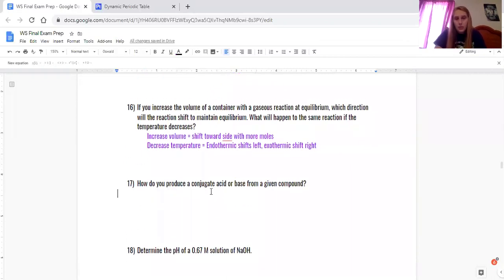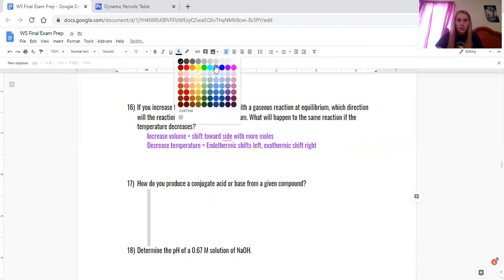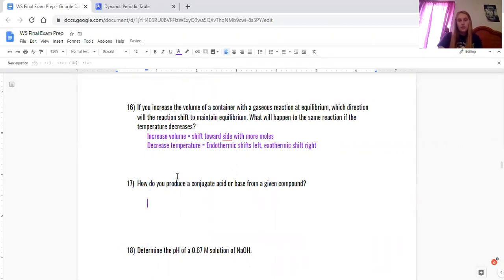So how do you produce a conjugate acid or base from a given compound? Usually, a lot of them, this will work with. This isn't a rule that works for absolutely everything, I guess. But if you have your base and you add H plus, you should get a conjugate acid.